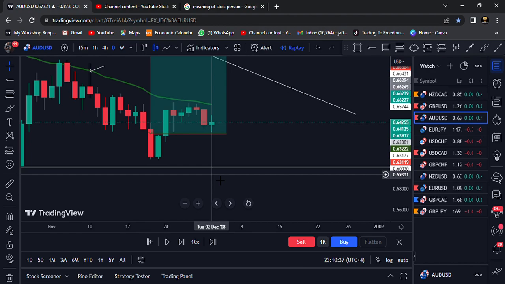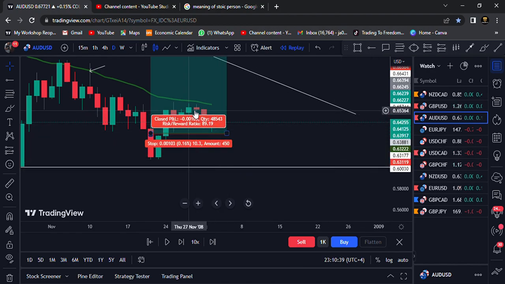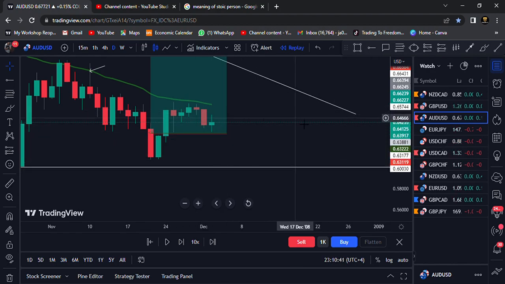This is almost like the 6322 and the 6547, so that was like 200 and something pips. It's a really good one. You better get out and just go look for a different setup with another pair. But since we were holding, let's see how price did treat us if you decided to hold.